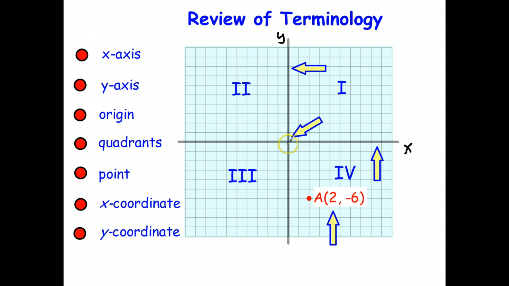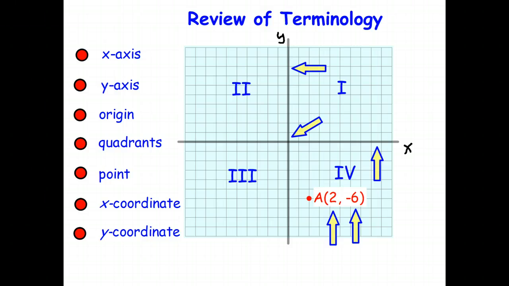So in this case, I'm going 2 units to the right to get to that point, and therefore the first coordinate, called the x-coordinate, is a 2. And the second number is called the y-coordinate, and that tells us from the origin how far down we have to go to get to that point. So 1, 2, 3, 4, 5, 6 units down, and down is represented with a negative number.